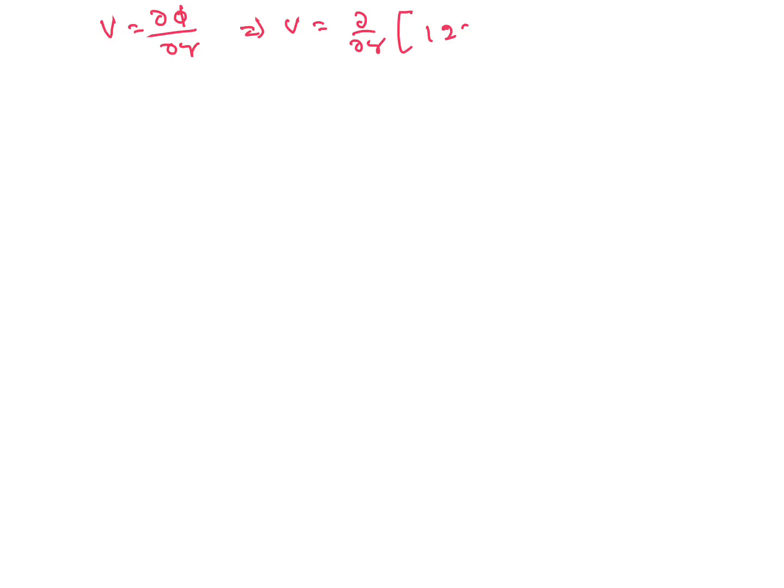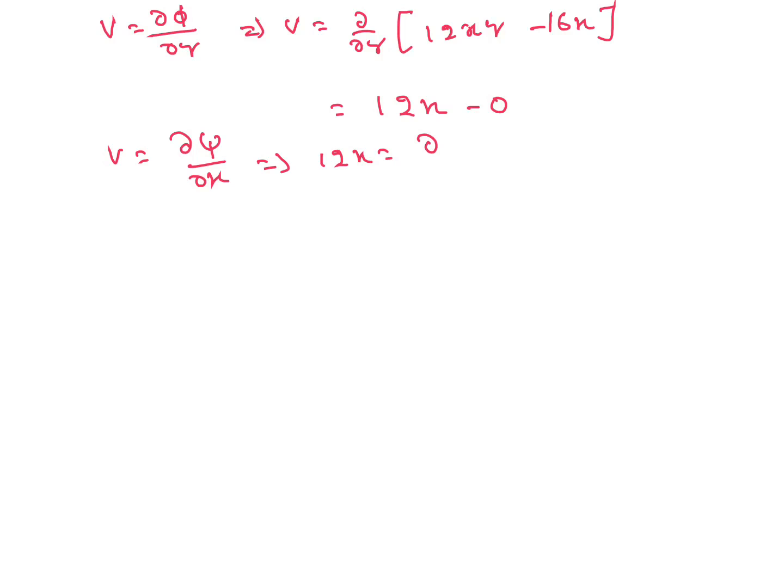So we will get 12x minus 0. So we know v equal to minus del psi by del x. So 12x equal to del psi by del x.